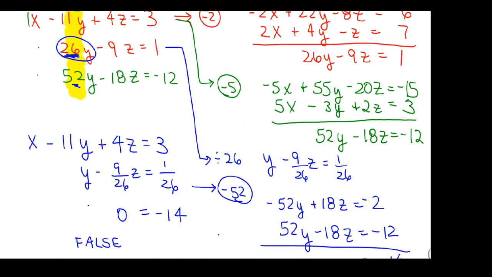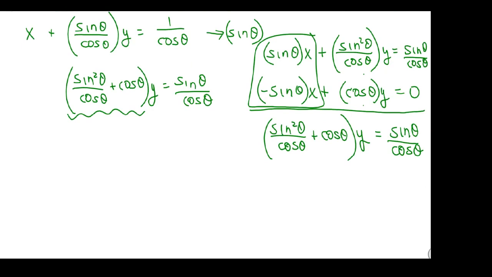If you recall here, when I was trying to go to my second iteration to change that 26y to a 1y, I divided the row by 26. So that's what I need to do here. I need to divide this row by this. Well, that's kind of messy. So I think it would be helpful to simplify that first.